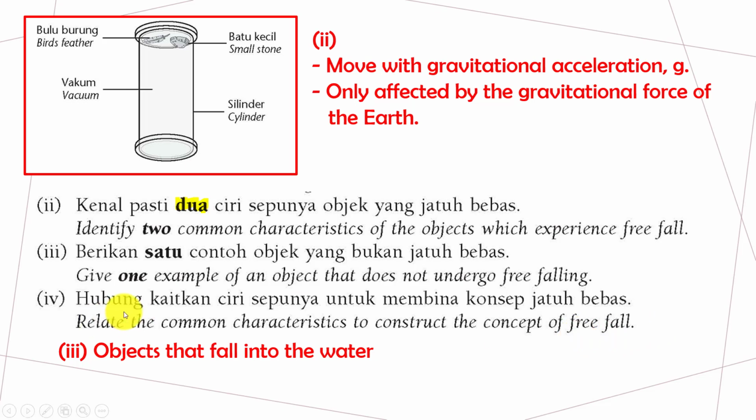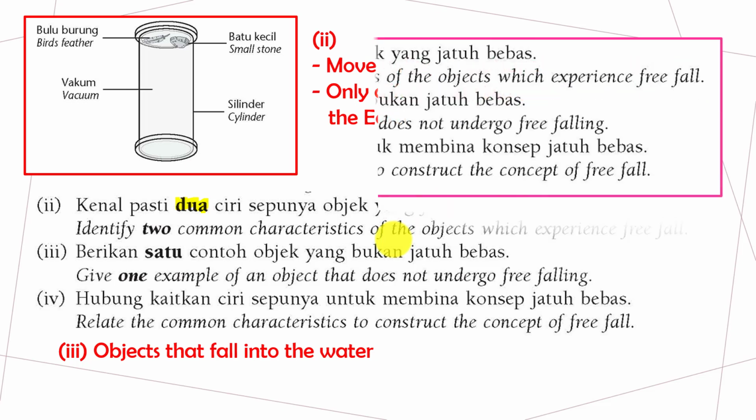Remember when the question asks you to give the concept of something, you must start with the object is. So here the object is free fall. So you say free fall is what? After that, how to answer, you just copy the two common characteristics you gave just now. I show you first, then you see the format of how to answer.